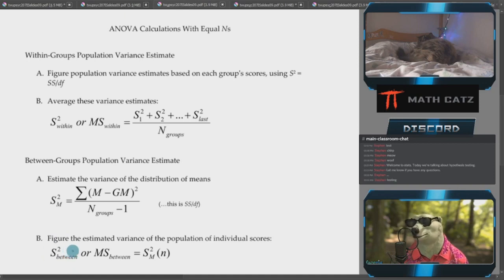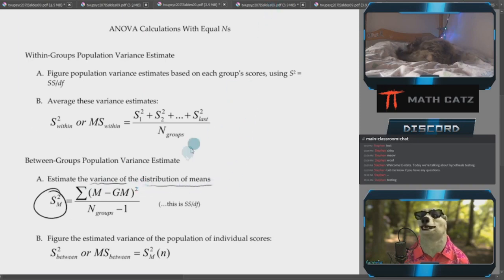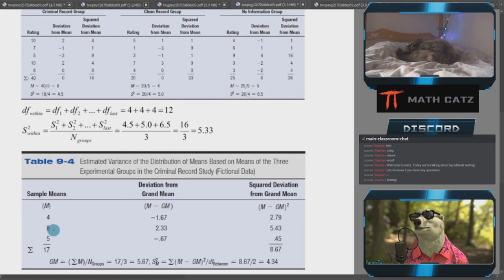between variance estimate. Now here is a little catch that I just want you to be aware of. This over here is a variance estimate for the distribution of means, right? Because I'm looking at means. This is a mean, this is a mean, this is a mean, and I'm looking at the sample of means. So what I'm really estimating here is the variance, but for the distribution of means.